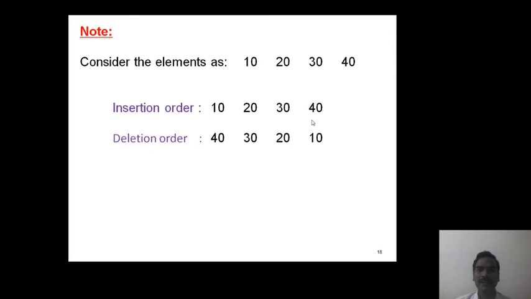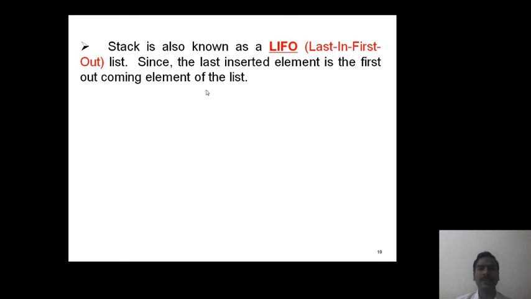So the last inserted element is the first deleted element. Hence a stack is also known as a LIFO list, last in first out list, since the last inserted element is the first outcoming element of the list.